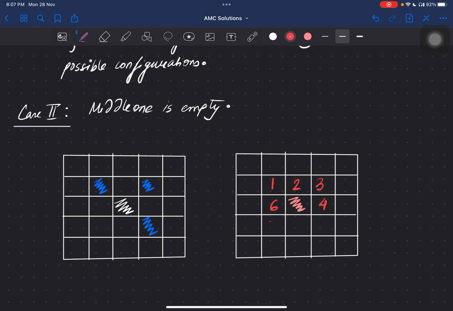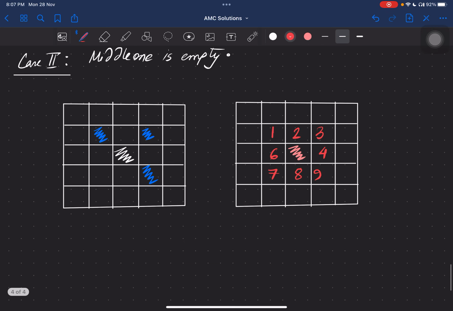This is 5, 6, 7, 8, 9. So these type of things we have 1, 3, 9, 1, 7, 9, 1, 3, 7, 3, 7, 9. So these are the four cases.